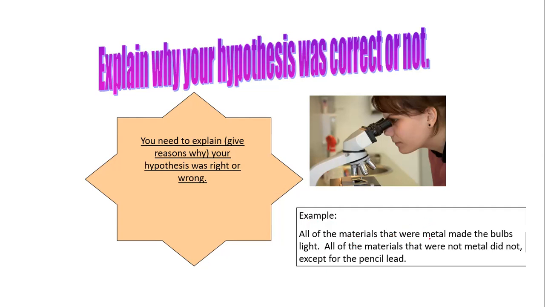All of the materials that were not metal did not make the bulb light, except for the pencil lead, because the lead has metallic properties. So, therefore, all the materials that were metal made the bulbs light. So this is how you write a conclusion.